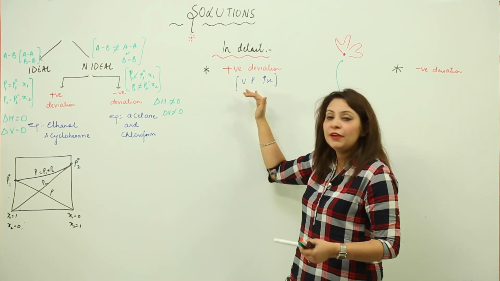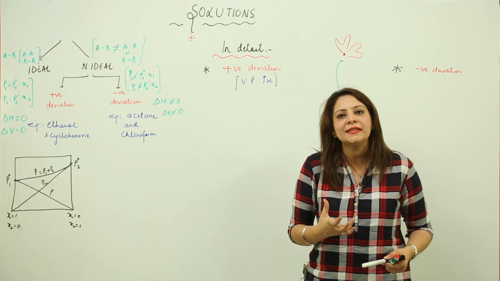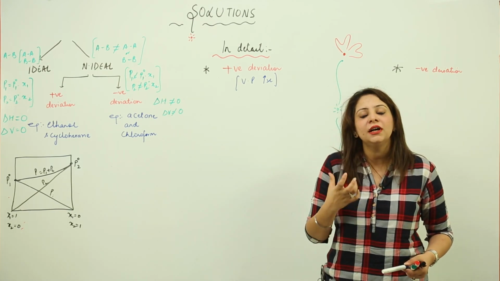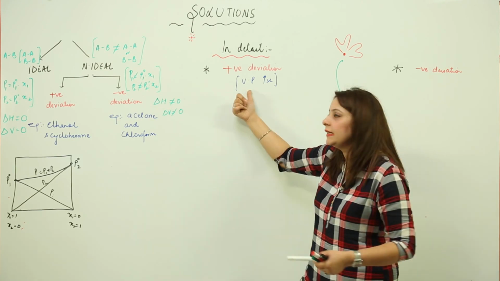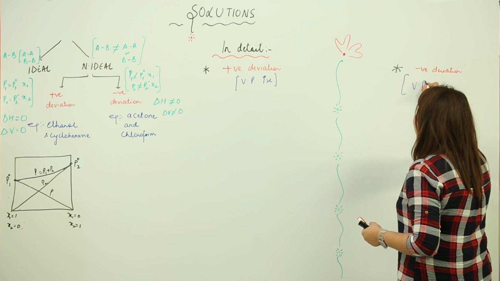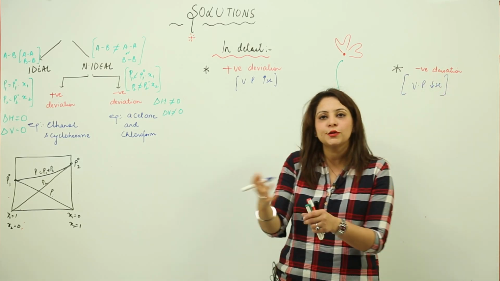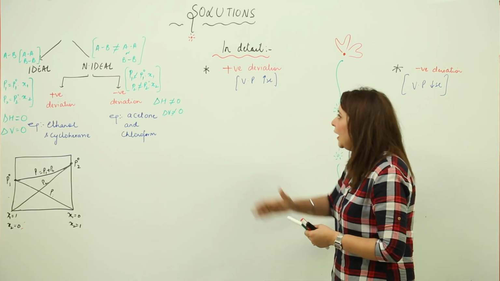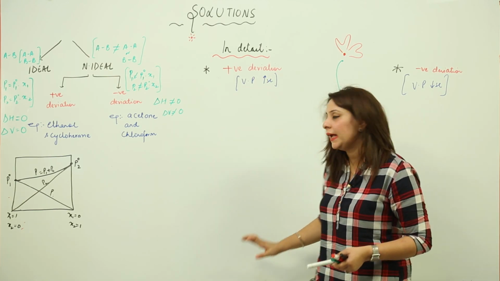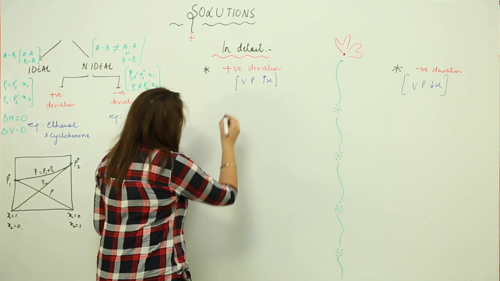So the vapor pressure, or the partial pressure, of the solution is increasing in positive deviation. And in negative deviation, the vapor pressure is somehow decreasing. Now I will be discussing positive deviation in detail, and then we will take up negative deviation. See what happens in this case.